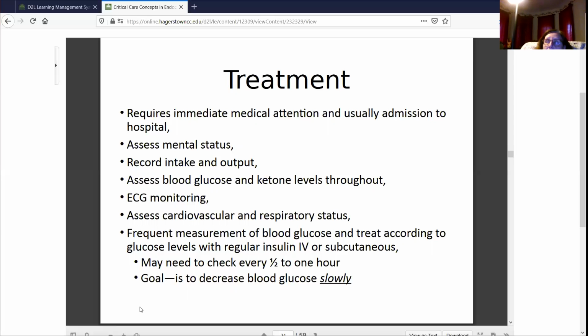Assess cardiovascular and respiratory status, frequent measurement of blood glucose, and treat according to glucose levels with regular insulin IV or subcutaneous, but everyone that I've treated initially, in my practice, we had them on an IV drip. So may need to check every half hour to 1 hour. The goal is to decrease the blood glucose slowly.